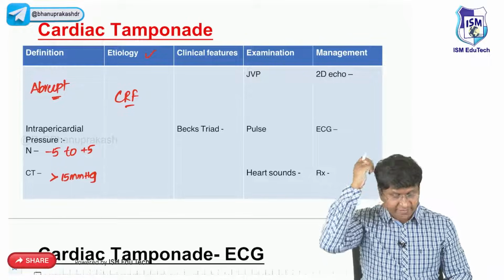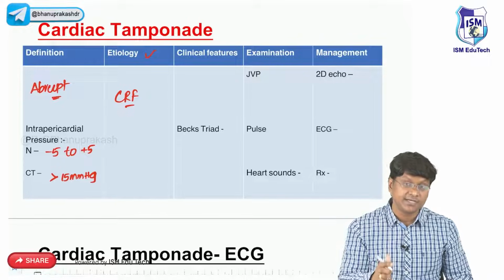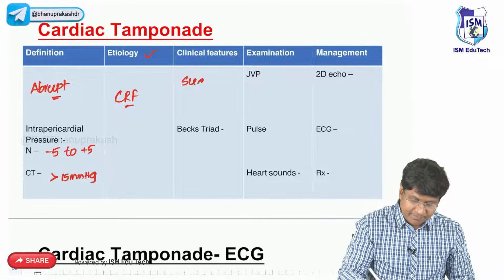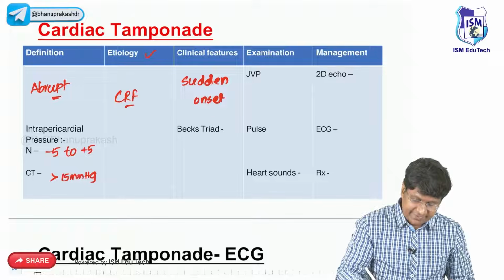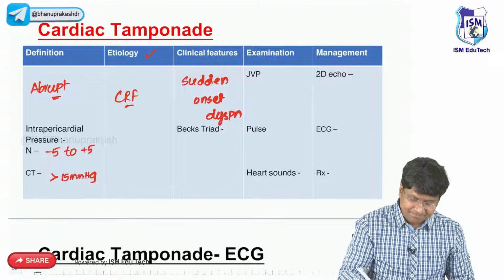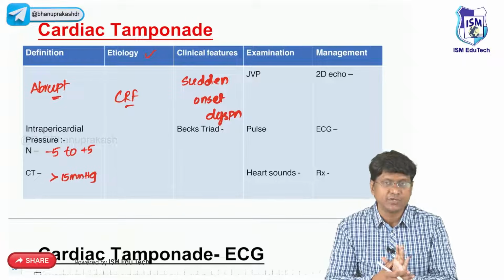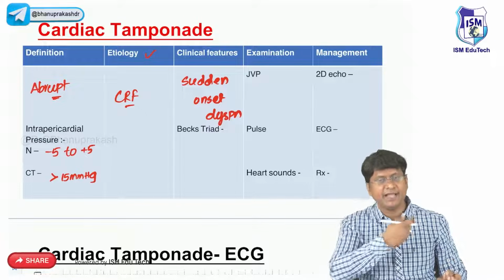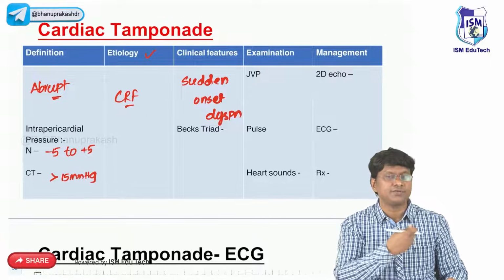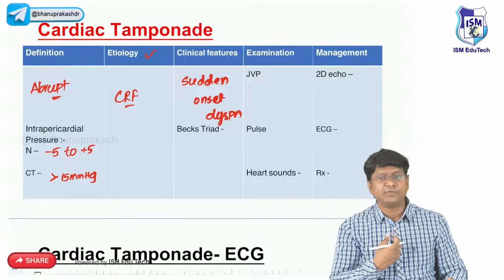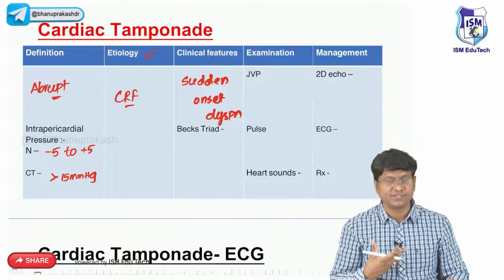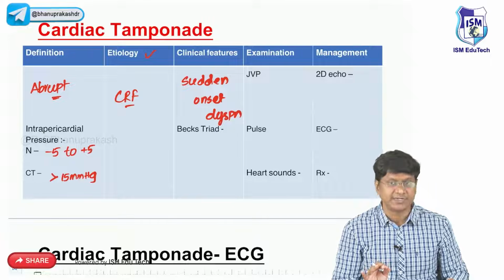Now, what will be the clinical features in patients with cardiac tamponade? They will develop sudden onset dyspnea, right? Now, what is the cause for sudden onset dyspnea? Because there is diastolic collapse of the ventricle, there is complete backflow of fluid from the left ventricle to the left atrium, from the left atrium into the pulmonary veins, then into the pulmonary capillaries, causing pulmonary edema, and that is the cause of sudden onset dyspnea.